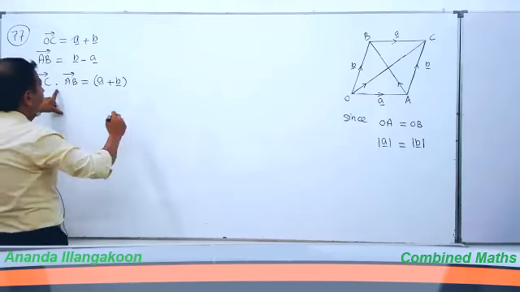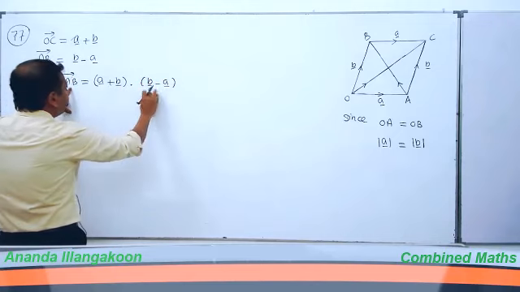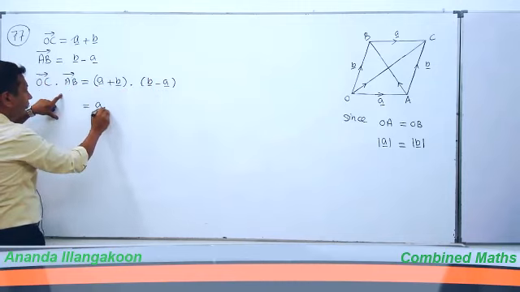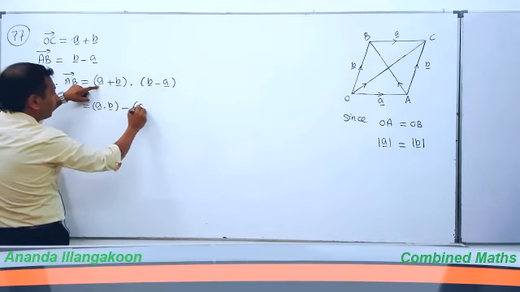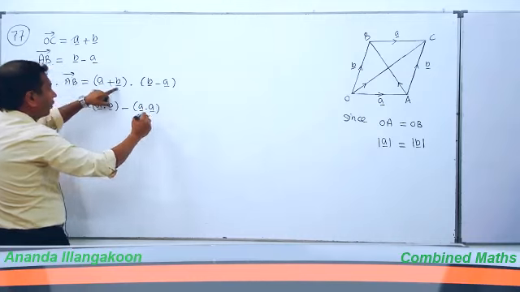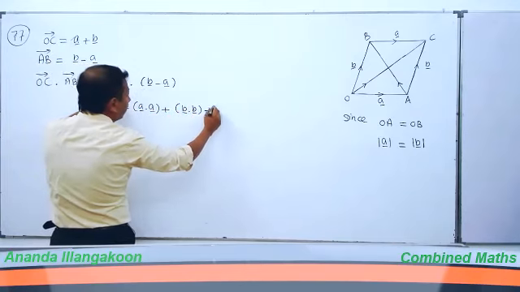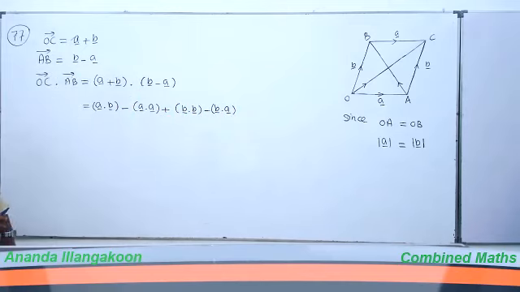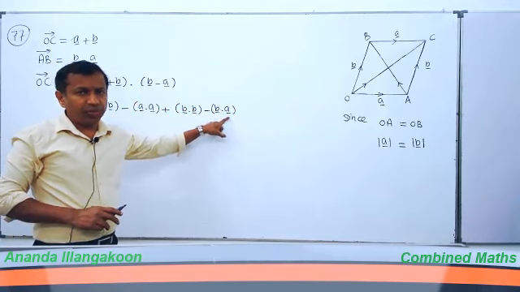OC vector is A plus B, AB vector is B minus A. Then applying the distributive law on the right hand side: A dot B minus A dot A plus B dot B minus B dot A. People, here A dot B, and here B dot A. B dot A means A dot B, no?